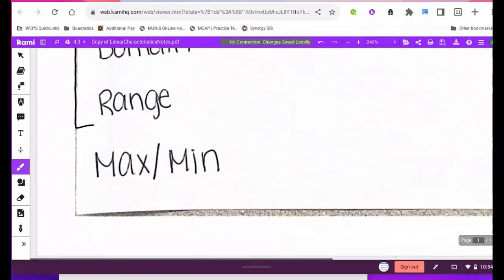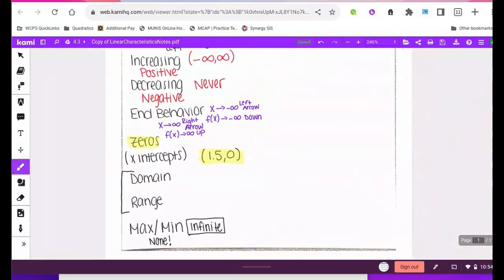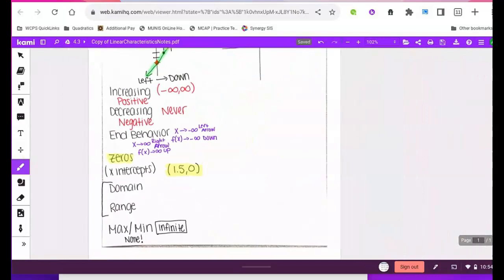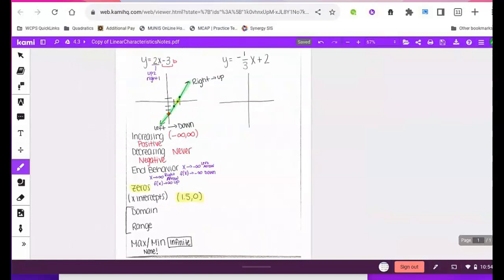So there is no max and no min because it's infinite. The arrows make it go on forever, meaning there are no max and mins. All right, so go ahead and pause the video if you need to go over any of those key features for the very first graph. We are going to go through all of those same features for another graph.